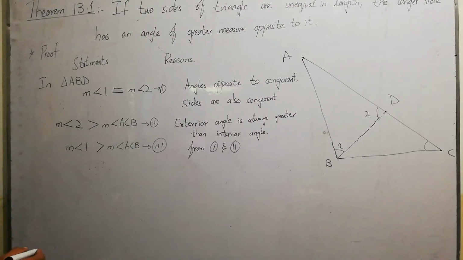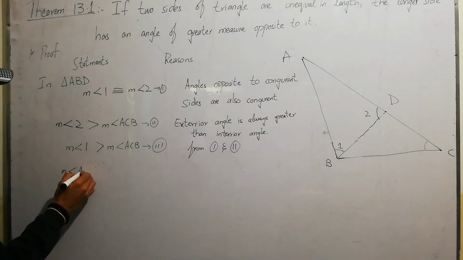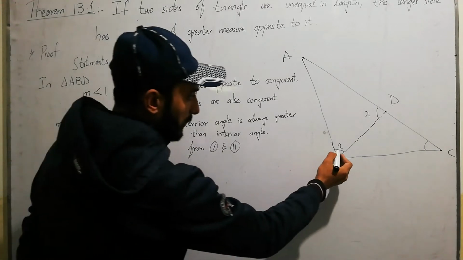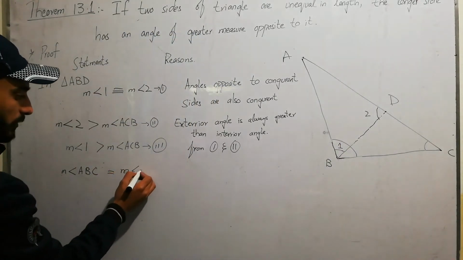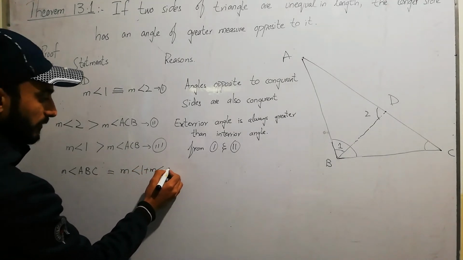Now in the next step we can say that the measurement of angle ABC, this whole angle ABC, is equal to the measurement of angle 1 plus the measurement of angle CBD.